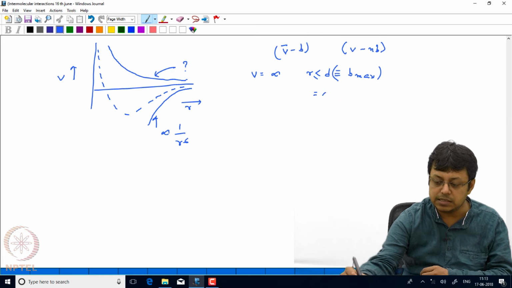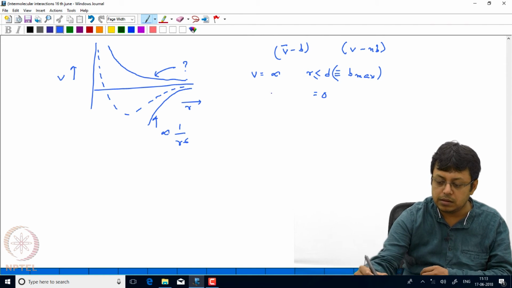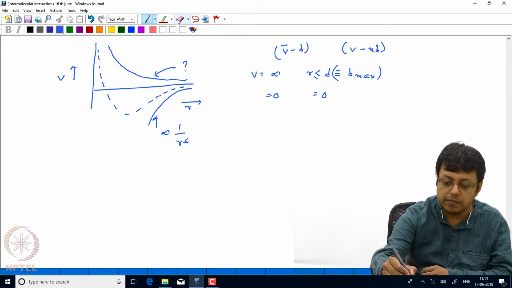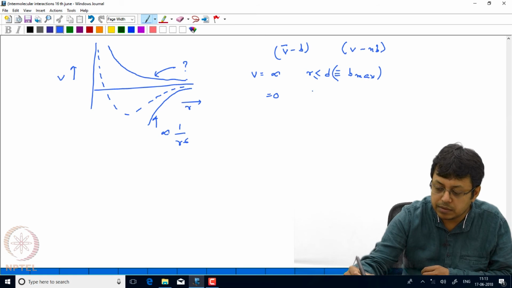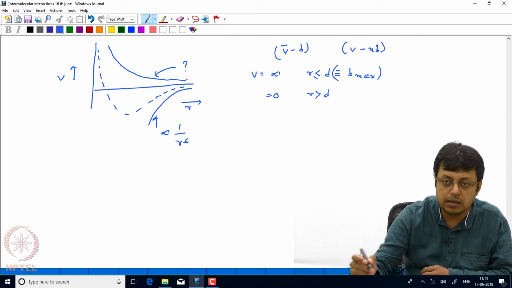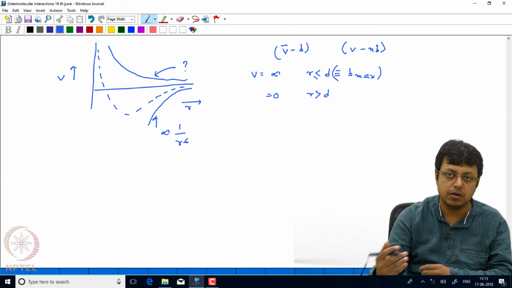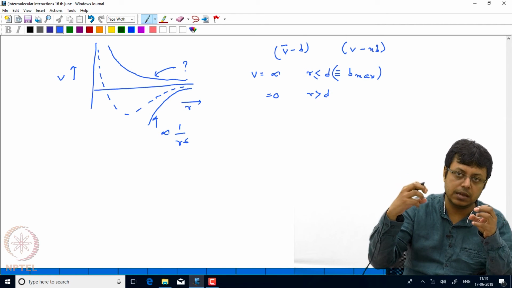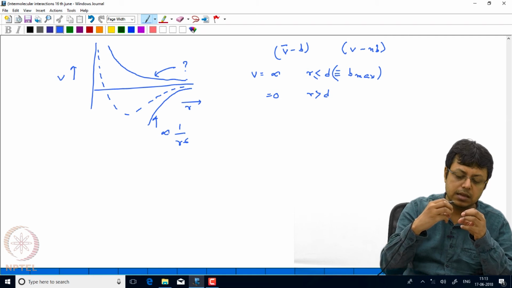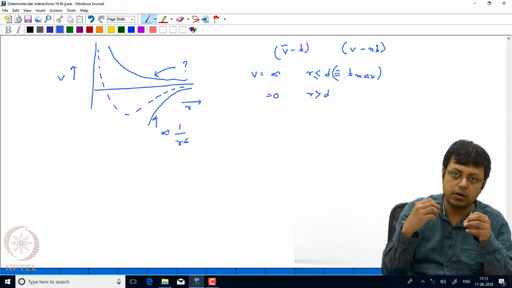The interaction potential is 0 if the distance r between them is more than d, that is, they are not touching each other. So this model says that once we touch each other, we cannot encroach more, we cannot go any closer.